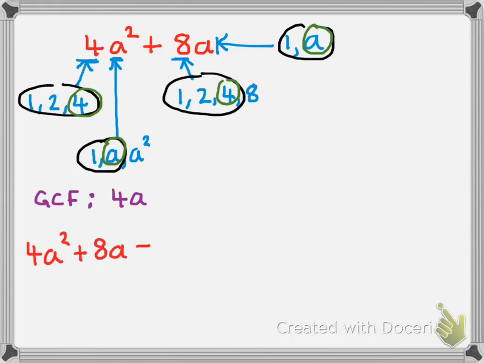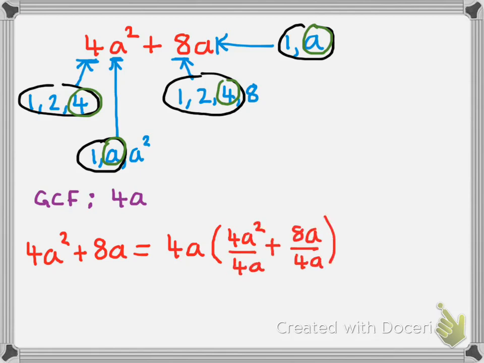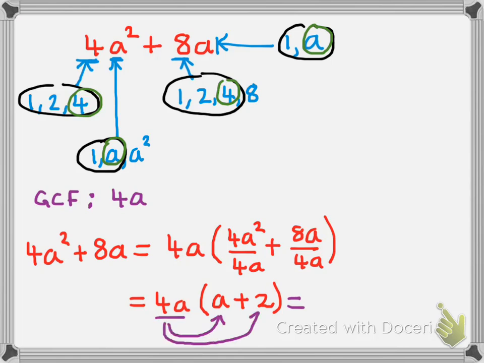We then write 4a outside the bracket and divide each term by the greatest common factor that we just found, which gives us 4a times a plus 2. And if we redistribute 4a into the bracket, you will obtain the original thing you started with. Therefore, we are correct.